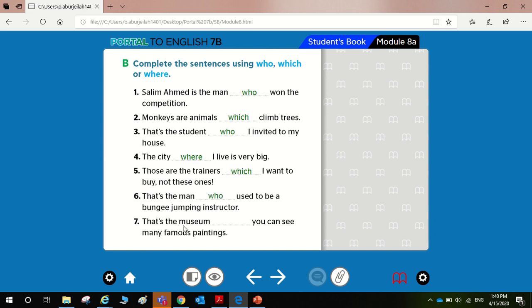That's the museum where you can see many famous paintings. Is it who, which, or where? The place where you can see many paintings. Yes, excellent. Where.